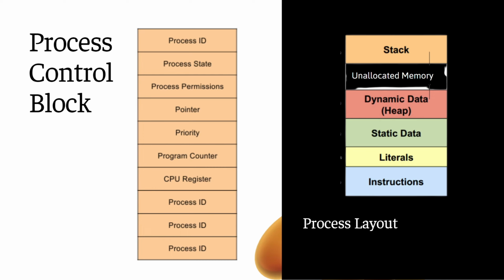System resources, allowed system resources and permissions. Priority, the process's priority level. Program counter, the address of the instruction currently being executed. Register addresses, locations of other CPU registers holding intermediate values. Memory management, details such as page and segment tables for memory management.